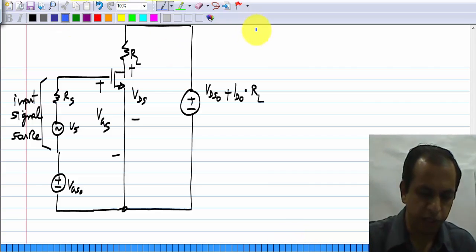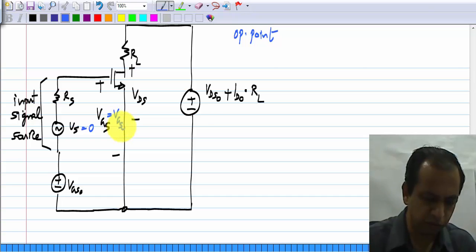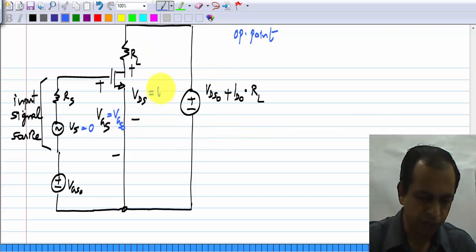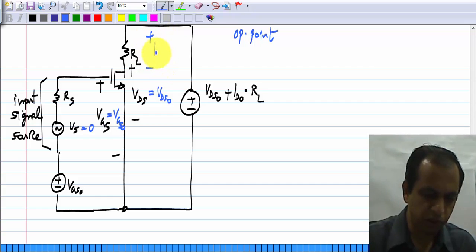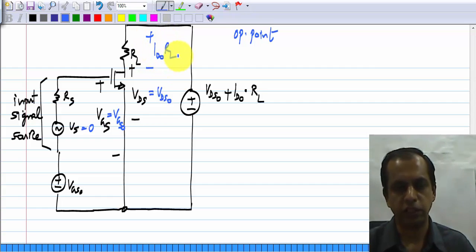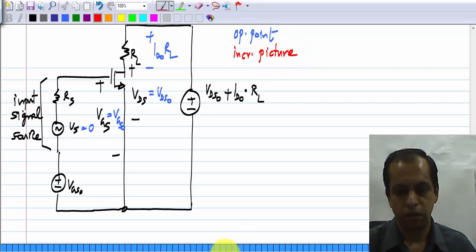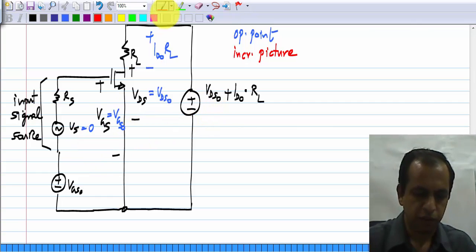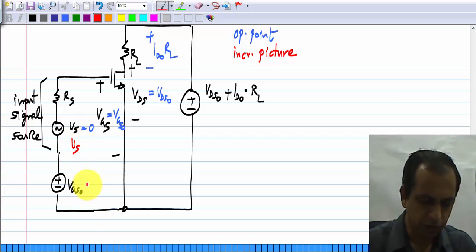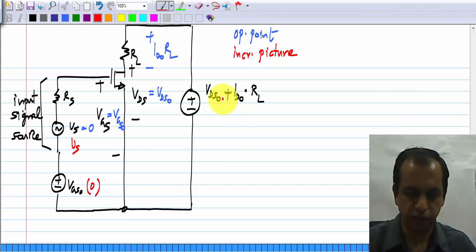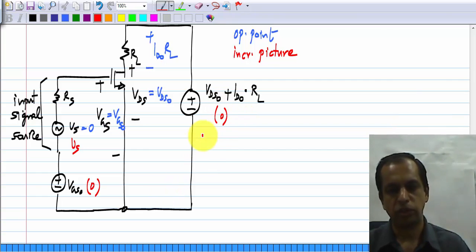So, what happens in the operating point case? I will show that in blue. In the operating point case, this Vs will be 0 and VGS will be VGS 0 and VDS will be VDS 0, and there will be a voltage drop ID 0 RL across this. And in the incremental picture, which I will show in red, there is only one incremental source here, which is Vs. So, this will be Vs, this will be 0, which means it becomes a short circuit, and this is also a 0, it becomes a short circuit.